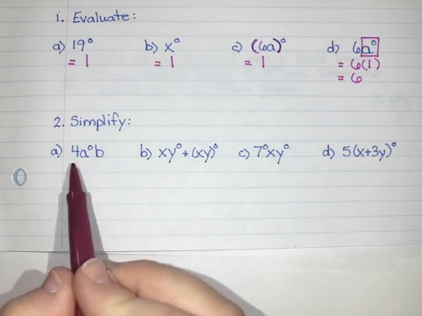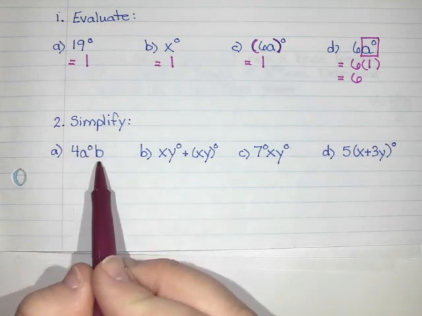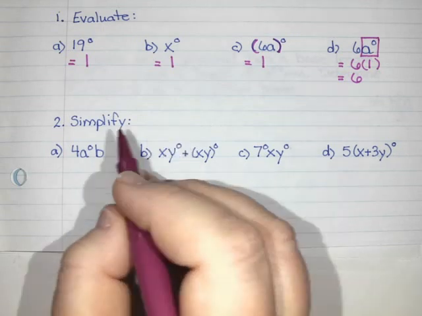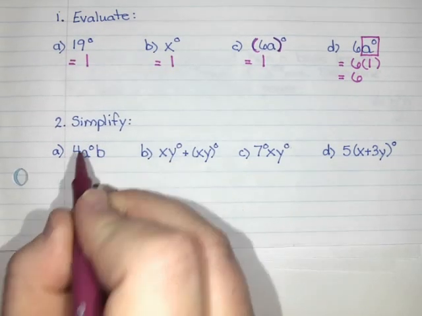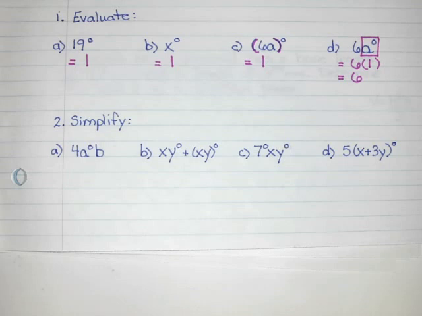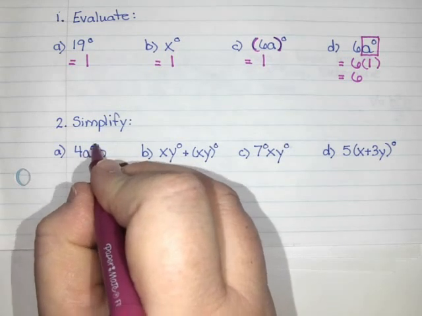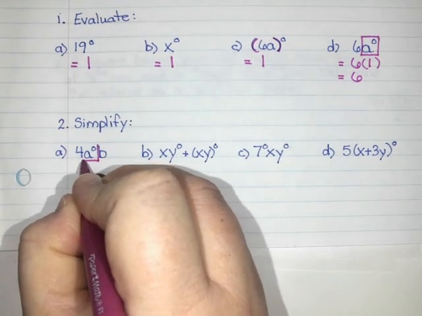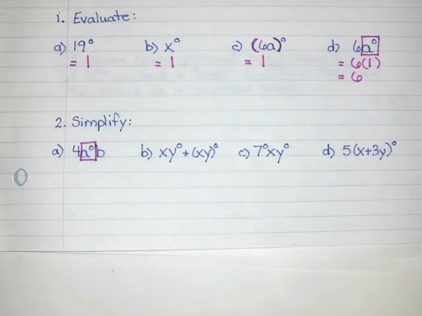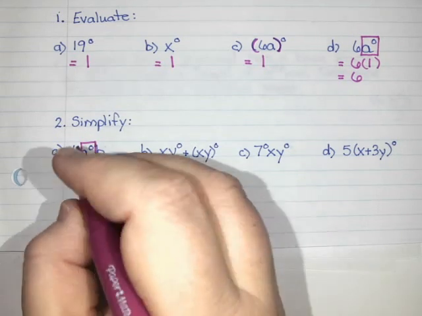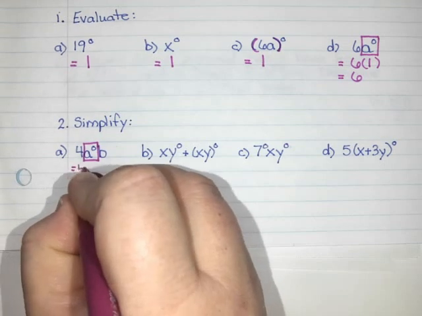So this one says 4a to the 0 b. I do notice that there is a power of 0. But the first thing I have to figure out is who owns that power of 0. That power of 0 is right next to the a. So the only thing here to the power of 0 is actually just the a. So the 4 is not to the power of 0.